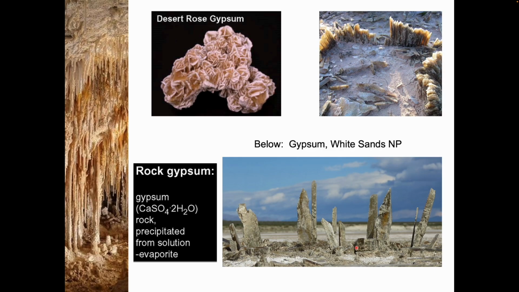Another important evaporite is gypsum. This is a calcium sulfate mineral, and it is a rock that is also precipitated out of solution. It's another evaporite. In the national parks, this is most often found at White Sands National Park, where the sand dunes are actually composed of gypsum sand, because the surrounding mountains contain large amounts of evaporite rocks from an ancient sea that dried up.